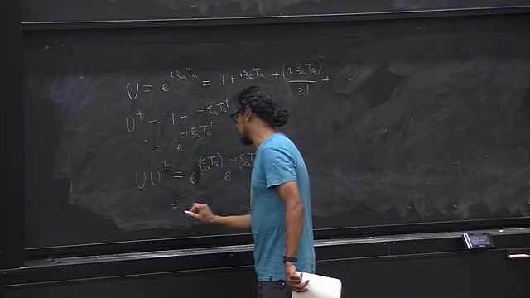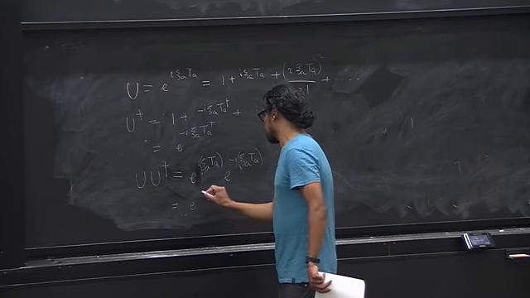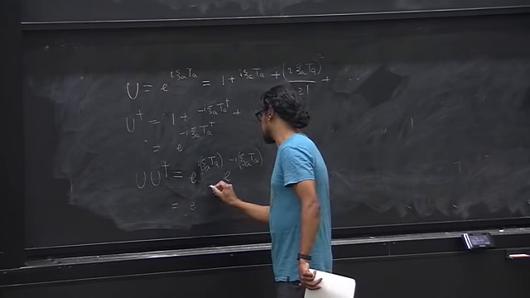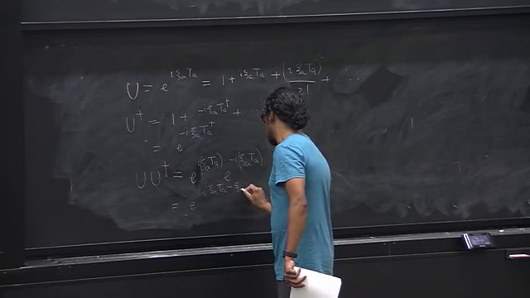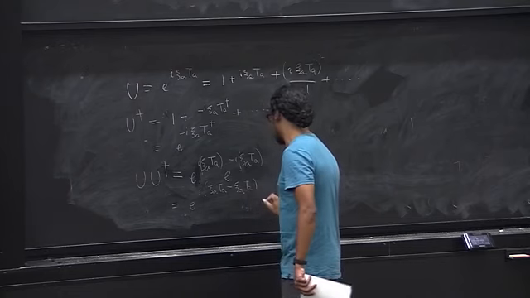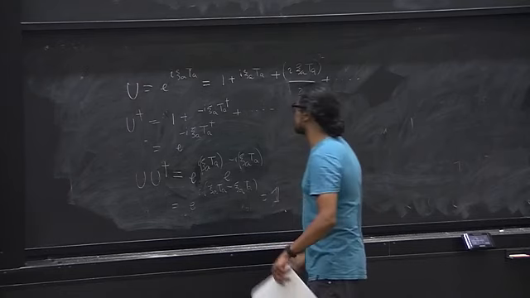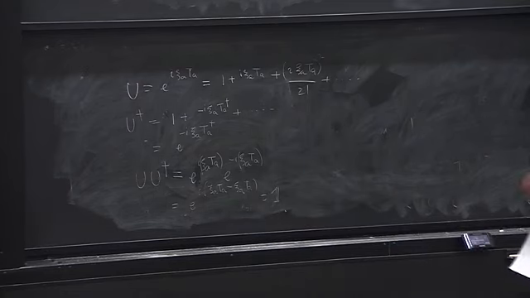Therefore, you can write this as the inverse. Does that convince you? Or if you want to see more details, you can actually use the BCH formula and some properties of T^A.